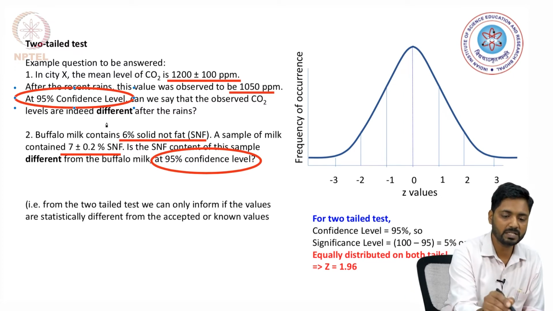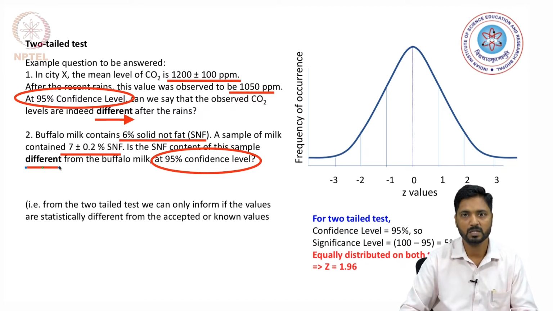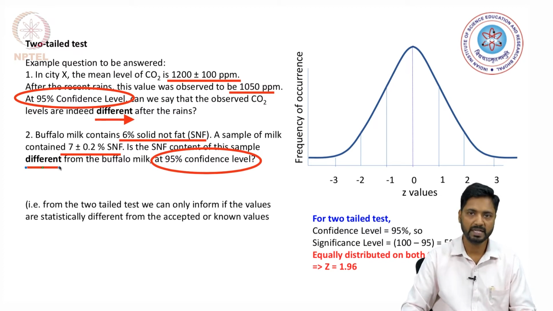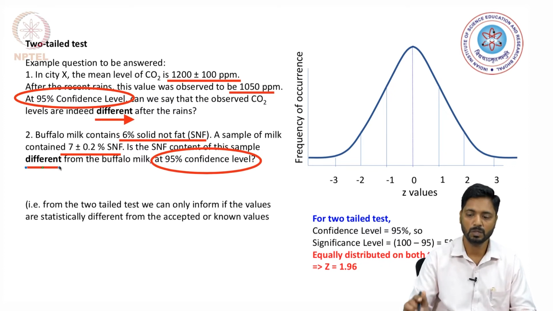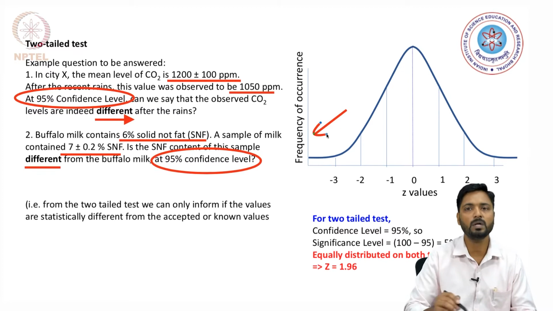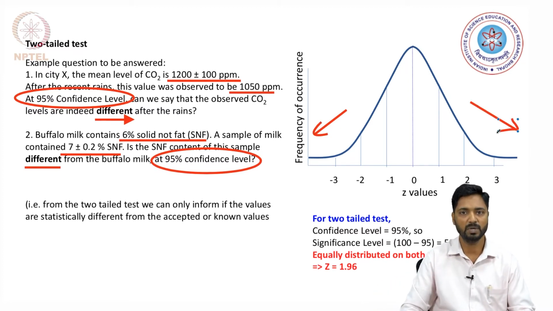So, in those cases our question is to only address whether these numbers are different or not. In such cases we will apply the two-tailed test, because a reading can be either lower or higher than the mean value of a certain population.